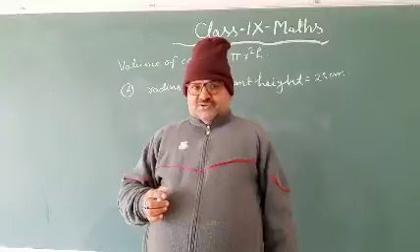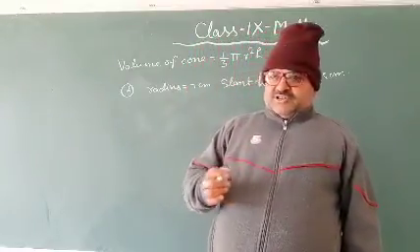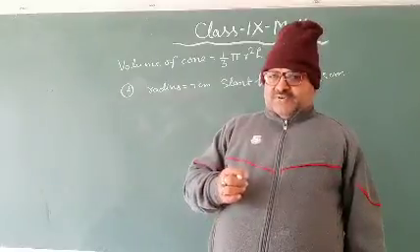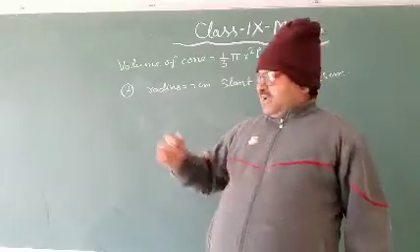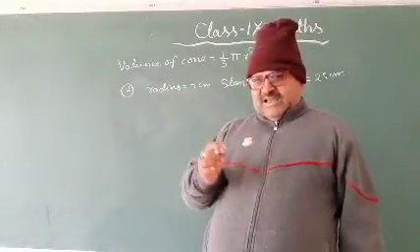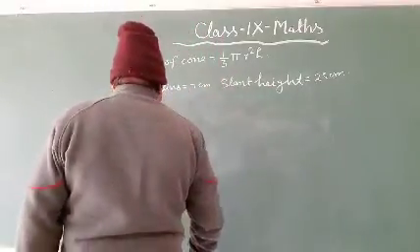We use the formula of slant height to find the height of the conical vessel, and the radius is given, then you find the volume of the conical vessel.